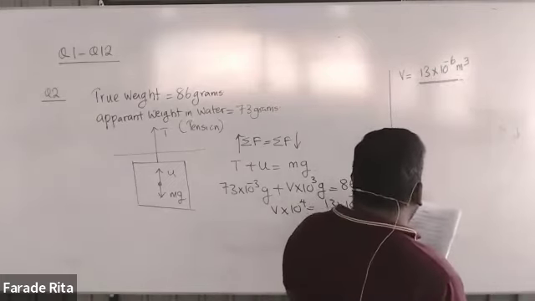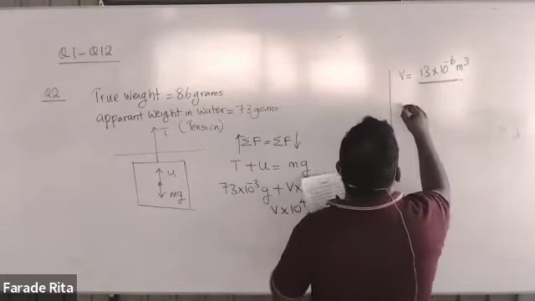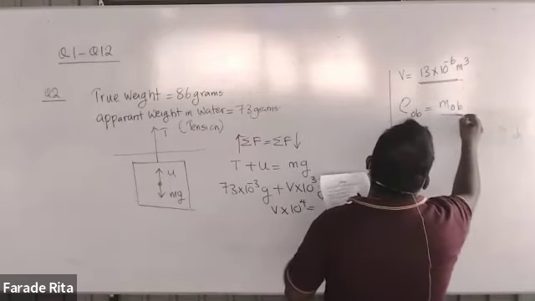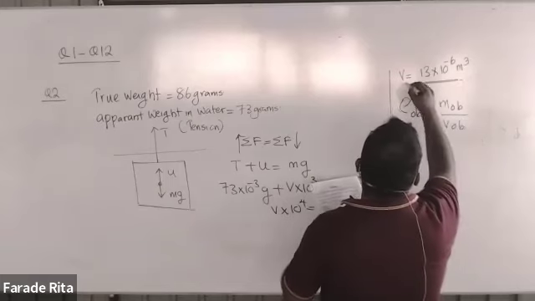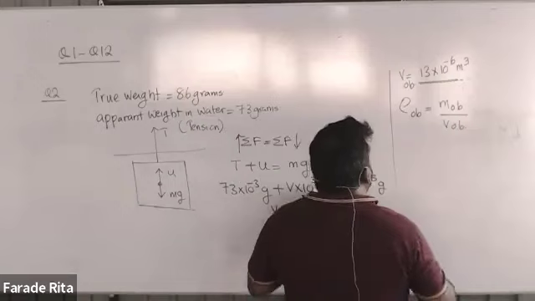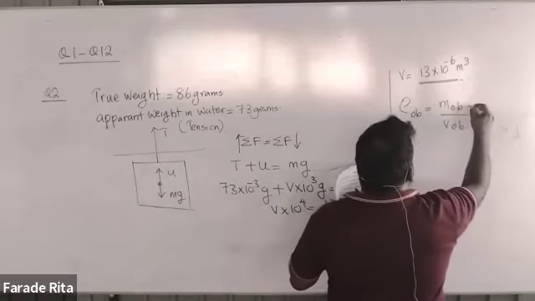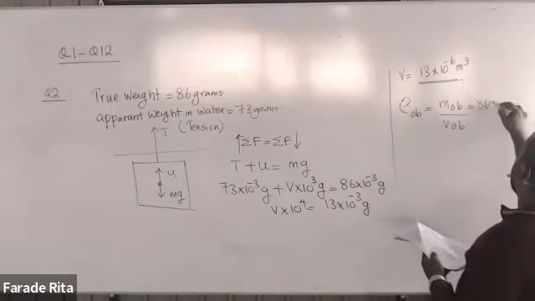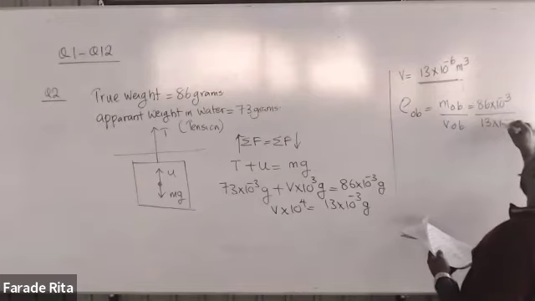What are they asking you? Volume and density. The volume is found, now density of object. Mass of object divided by volume of object. The fully submerged volume and volume of object are both the same. Mass of object is 86 grams, convert into kilogram. Volume of object 13 times 10 to the power minus 6.